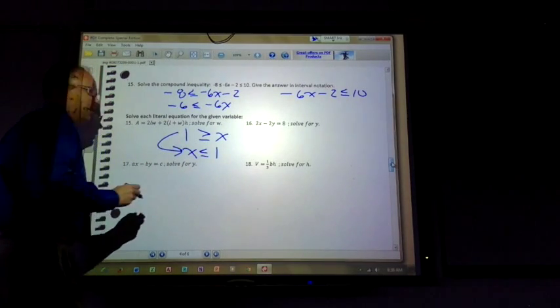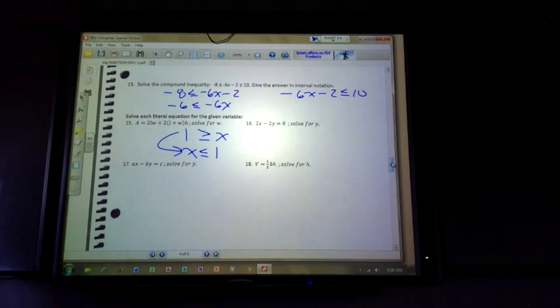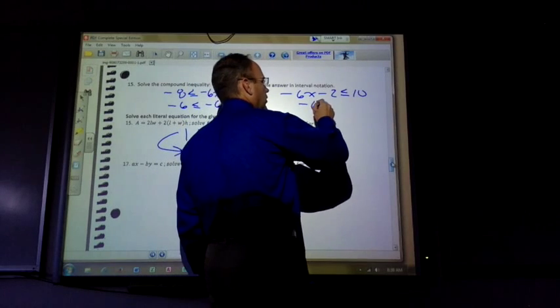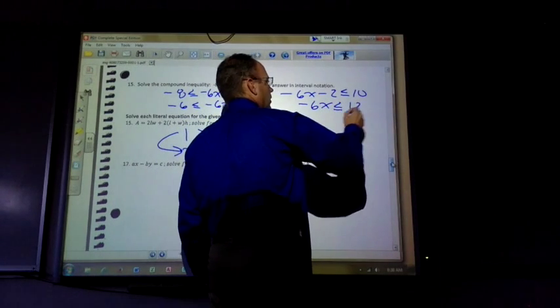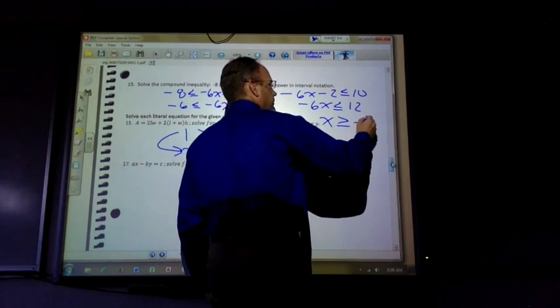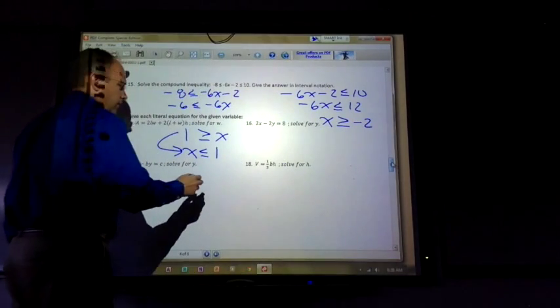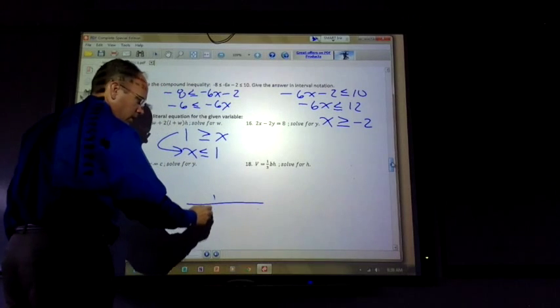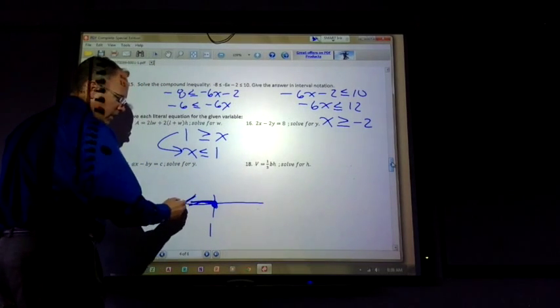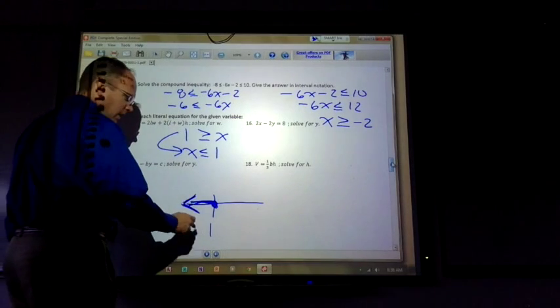This flip over here is not because we're multiplying or dividing, it's just when we're trying to get a variable first. Next one, add 2 to both sides. Divide by the negative. So that's going to flip over. And then let's figure this out. I want values. There was 1. This would be like a solid dot going this way. And I have to draw this out because I can't see it. And this is at -2.